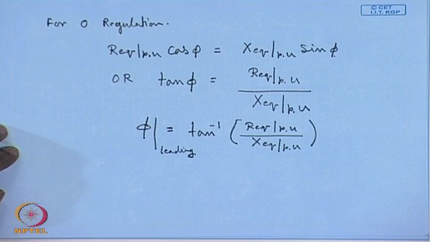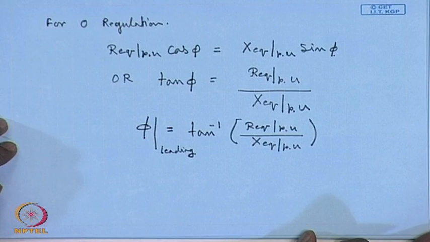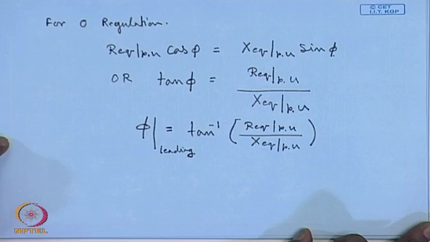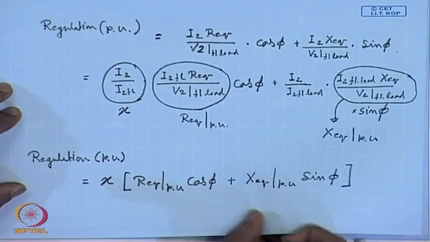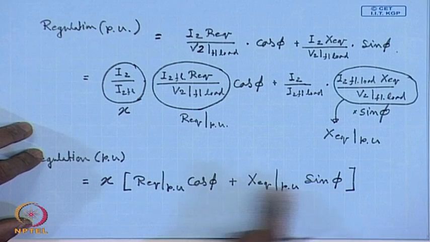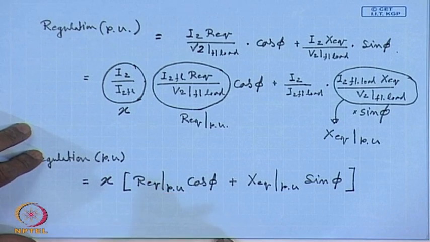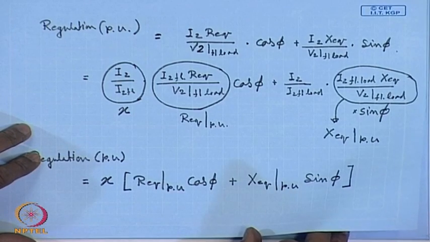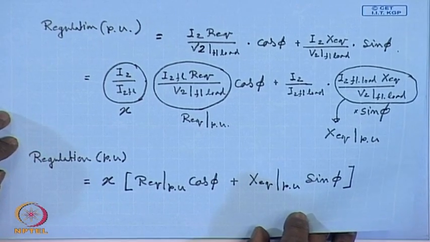That is, at this leading phase angle, the percentage regulation at any load will be 0. So, the terminal voltage under load condition will be the same as the no load voltage, and if the leading phase angle is larger than this, then the percentage regulation will be negative, because this term will be larger than this, which means physically that under load condition the terminal voltage will be larger than the no load voltage.